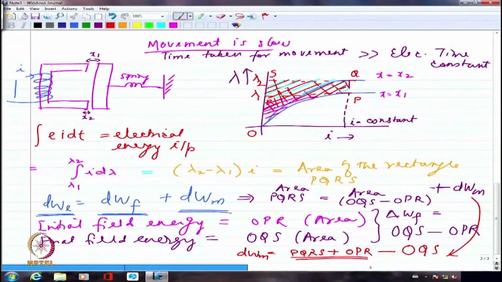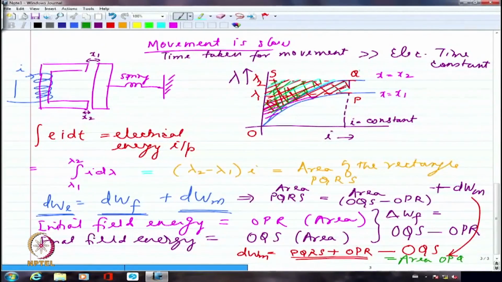I have made the figure amply shabby, but anyway, I have to subtract until this portion, which means I am going to get only area OPQ. So this is area OPQ.